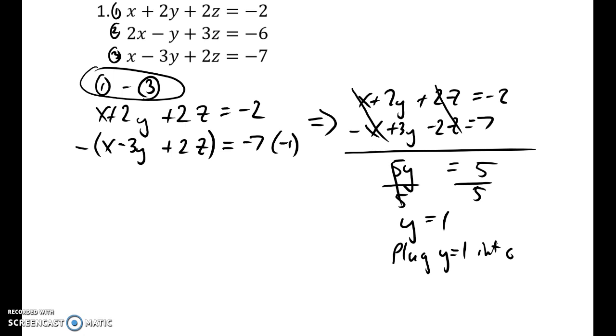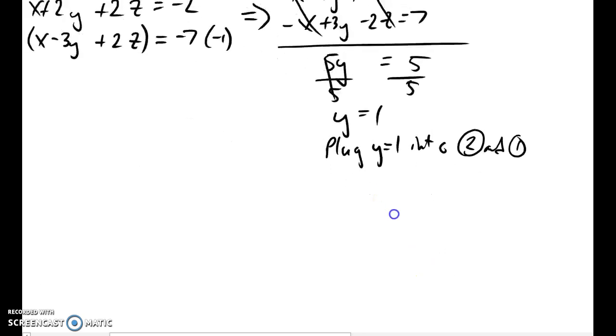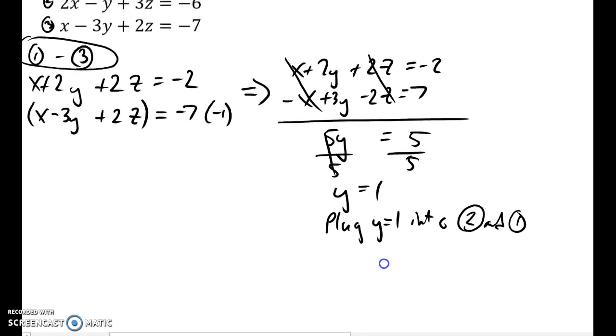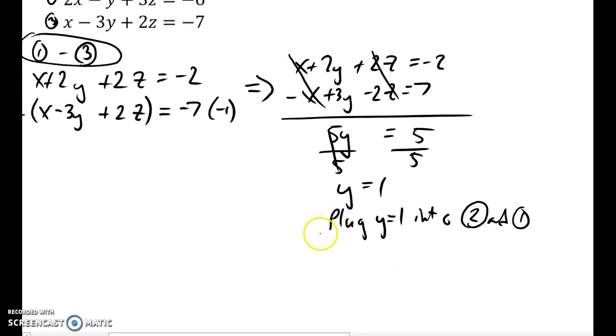So I'm going to plug y equals 1 into equation 2 and equation 1. When I do that, equation 2 becomes 2x minus y, and I put that in here, plus 3z equals negative 6.